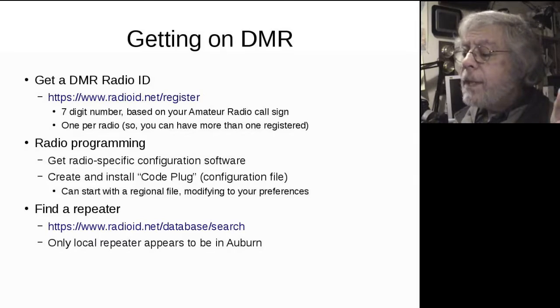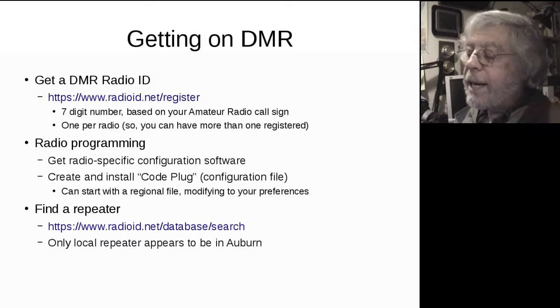As with D-Star, for DMR you've got to get on a website, a different one, radioid.net. You punch in your call sign and some other information. You get back a 7-digit number. That is the ID for that radio. One per radio, and of course you can have more than one. Get your code plugs. There are some that you can find on the internet as a starting place.